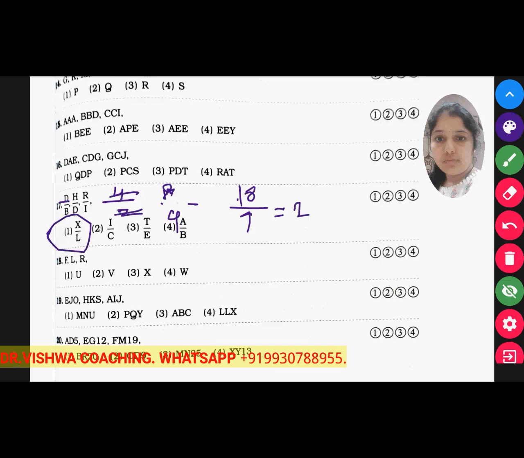Now find out which of these shows the division answer as 2. 1 upon 2 is not the correct answer. Now T is at which position? X is at which position? If you check X and L, X is at 24th position and L is at 12th position. So here only you got the answer as 2. So this is your correct answer.